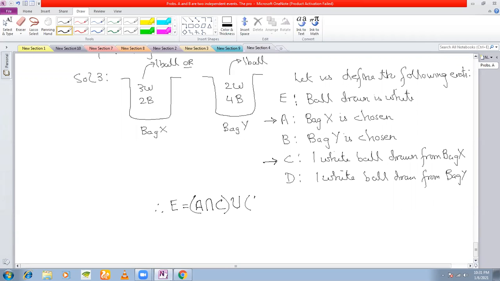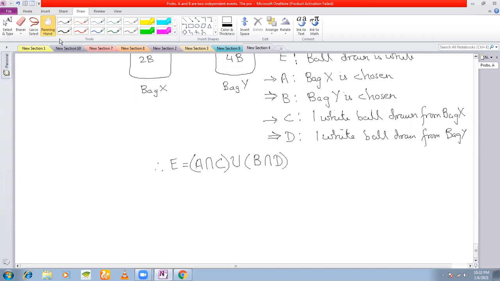I can choose bag Y, and I can draw one white ball from bag Y. These two are mutually exclusive, isn't it? Because once I've drawn from bag X, I cannot draw from bag Y.